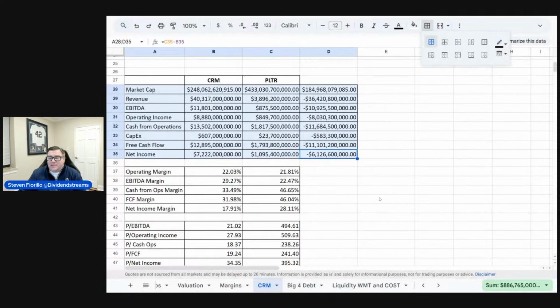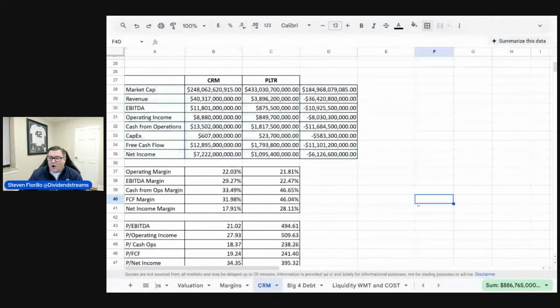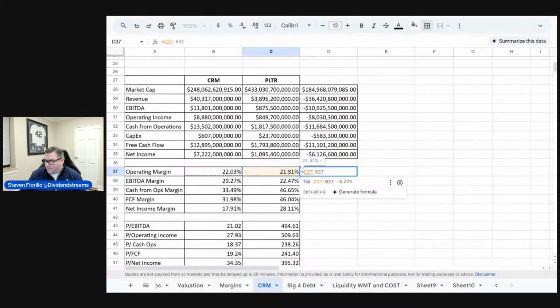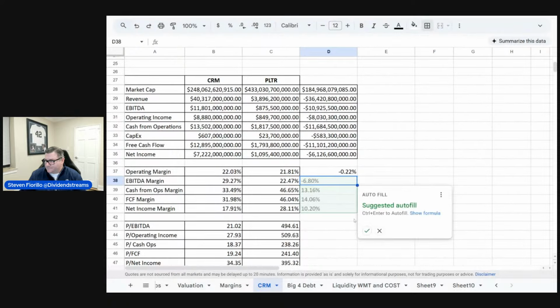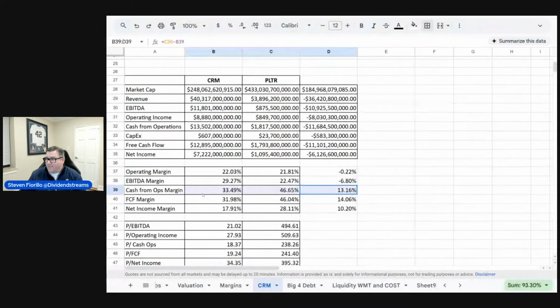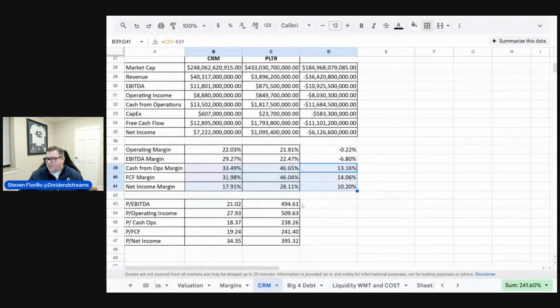It just doesn't make sense. Palantir's got better margins. I'm not saying they don't, but I mean, look at these multiples. It's insane.